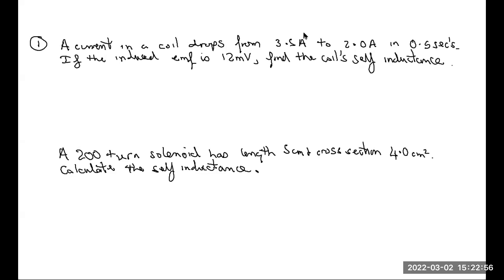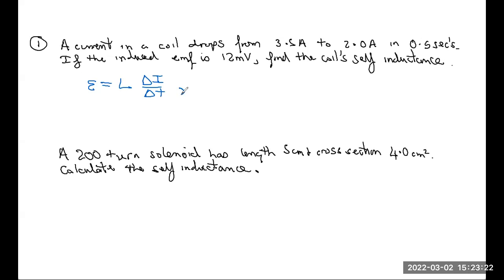Well, the equation that we want to solve this is really a version of Faraday's law of induction. It's this version here which relates the cause of the induction, this is the changing current on the right-hand side, to the result of the induction, this is the induced EMF on the left-hand side.